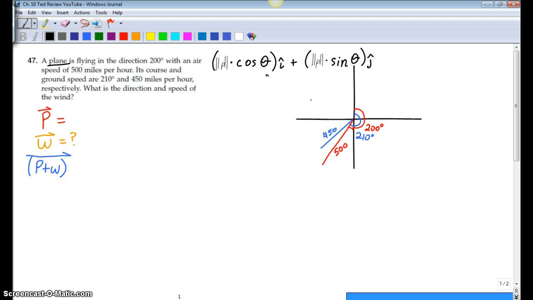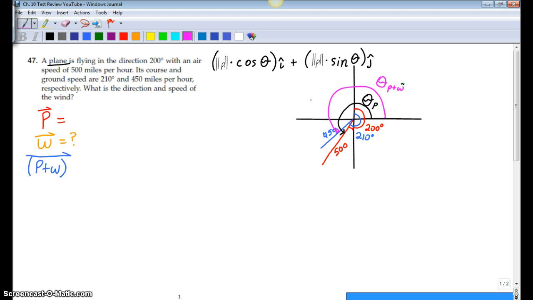So I'm going to do that in black. I'm going to call that right here. This angle here is the theta for P. And we'll go light purple then, even bigger. That is our theta for the vector P plus W.